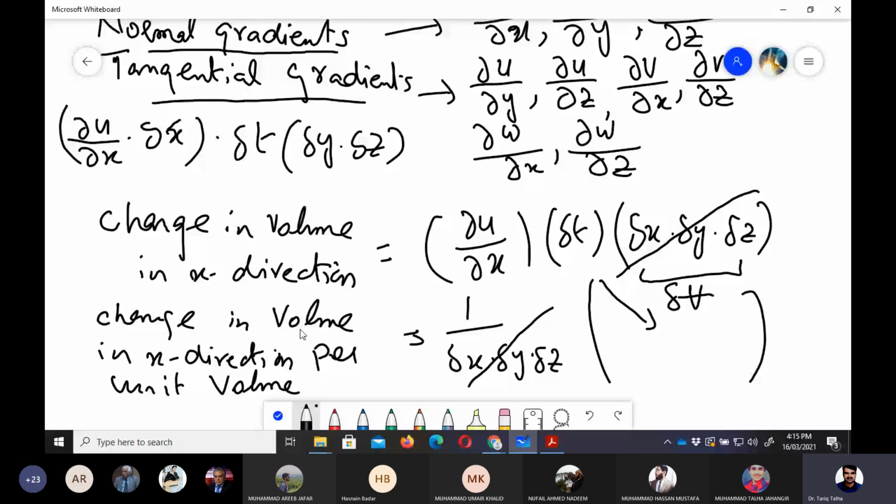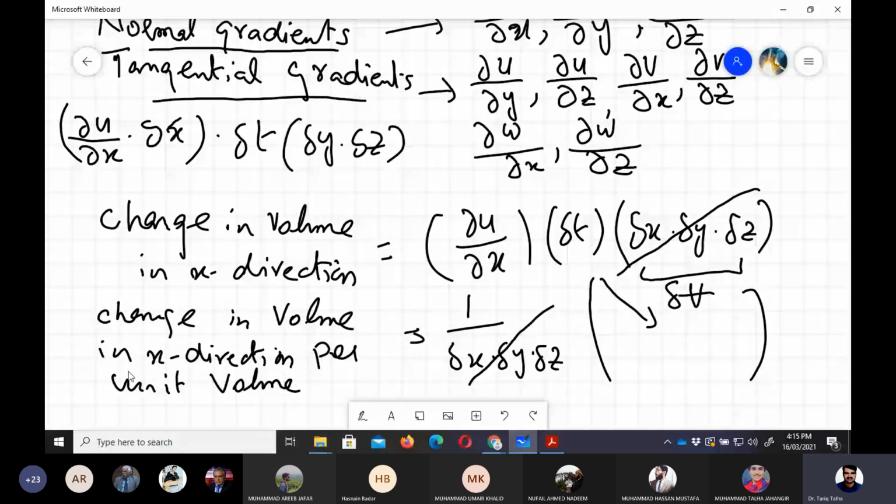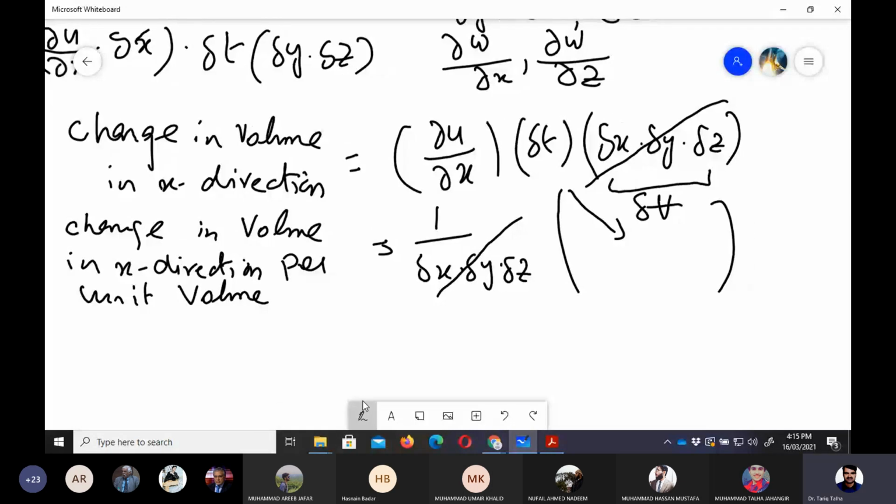तो हमारे पास बाकी जो बचेगा वो अगर मैं यहाँ पे लिख दूं, that would be equal to partial u by partial x into delta t.